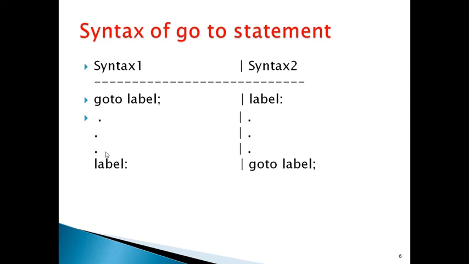The label is located at the beginning, the top of the program. Immediately the computer passes the control to the label, and it starts the execution of the instructions again. This is syntax 2.